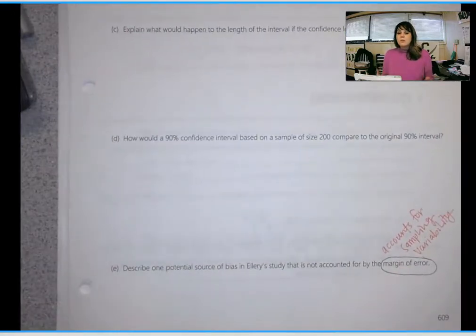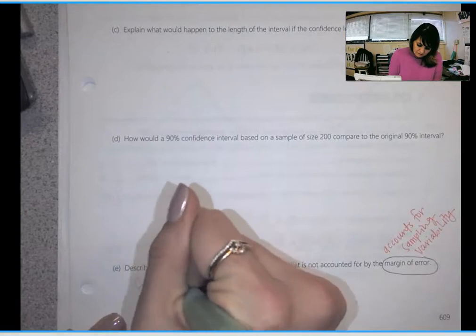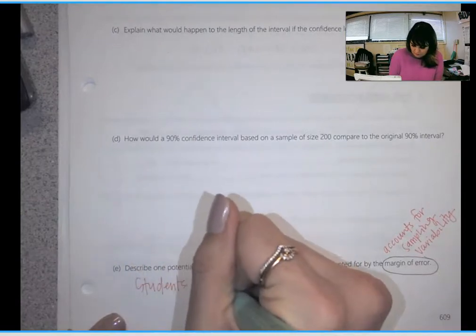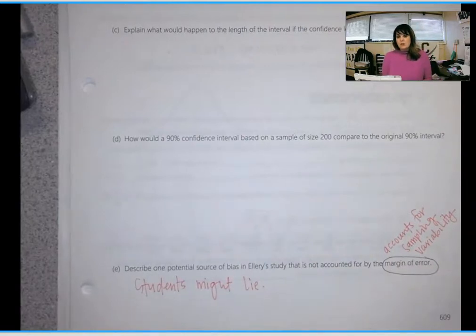So what could be some other bias or some other errors in her study? Well, these students might lie. Why might they lie? Maybe they're embarrassed about their GPA. Maybe they don't want to share their GPA with everybody.